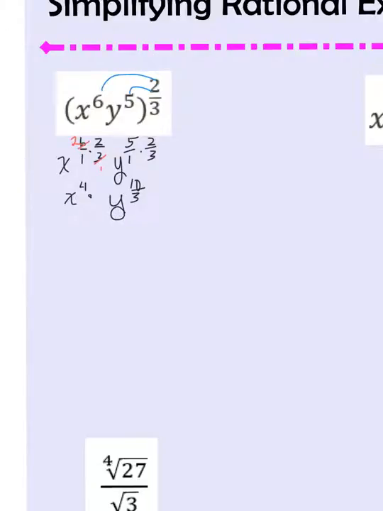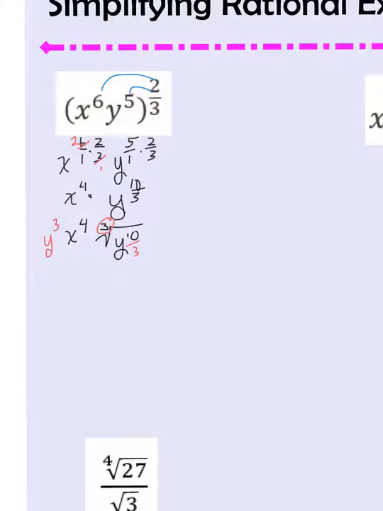So I have x to the 4th out in front, and the y is going to be underneath a radical. Because the denominator in the fraction is 3, it's a cube root, and that leaves us with y to the 10th. So if you remember the index rule, this 3 is going to divide into that 10. So 10 divided by 3 is 3 whole times.